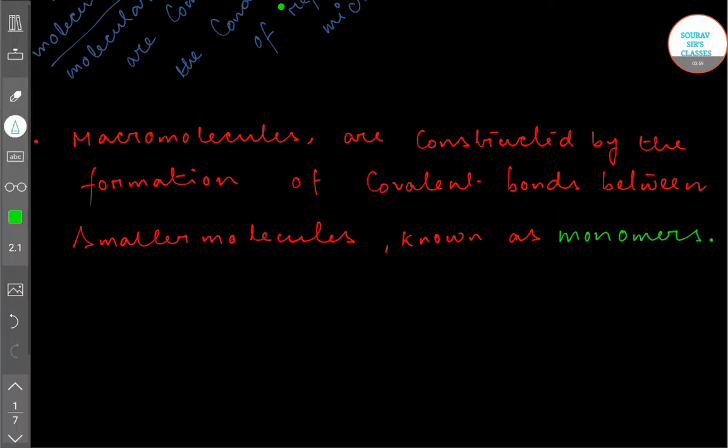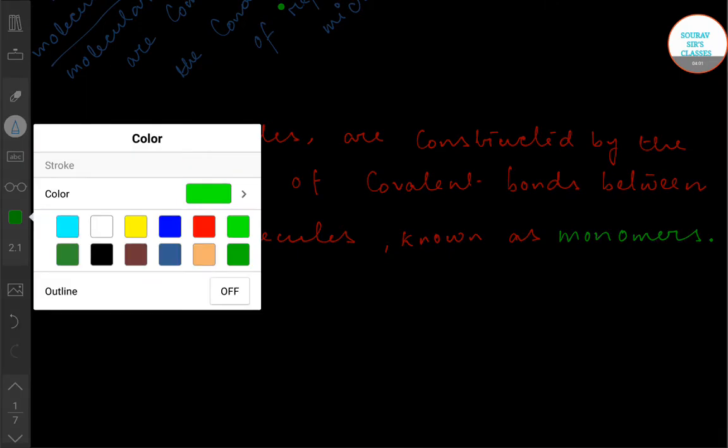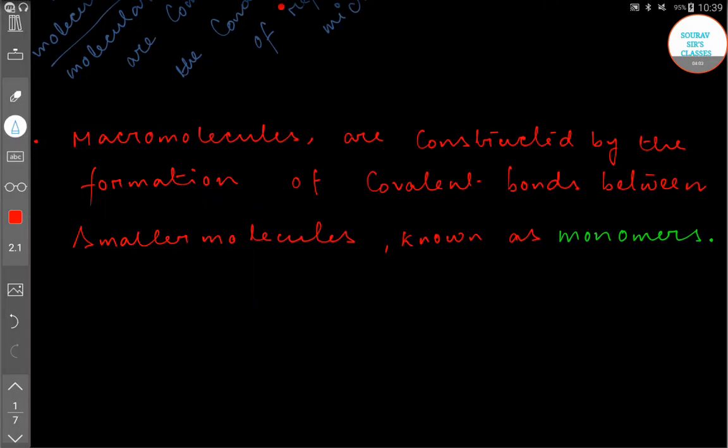So this macromolecule is basically constructed by the formation of covalent bonds between smaller molecules that are known as monomers.